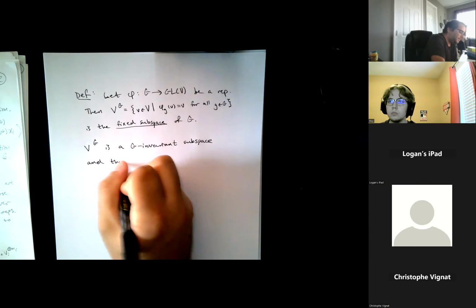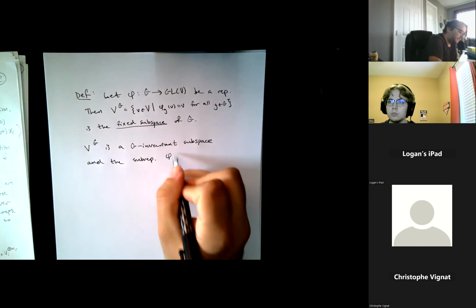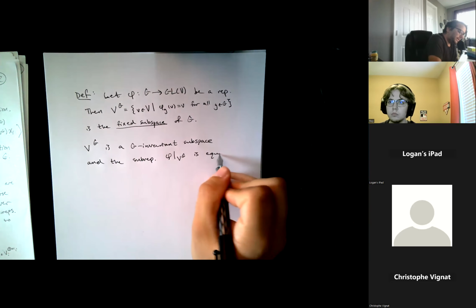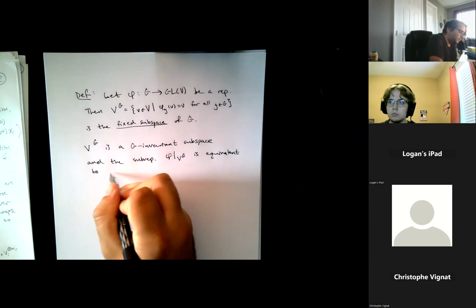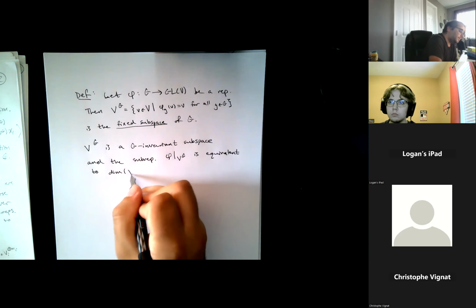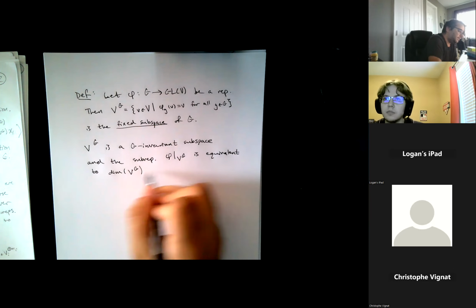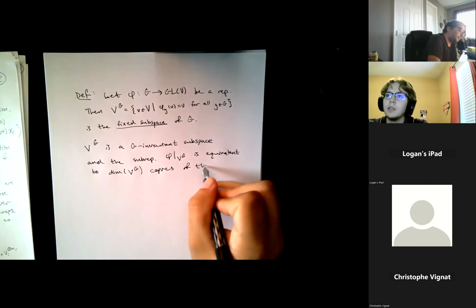And the subrepresentation phi restricted to V^G is equivalent to dimension of V^G copies of the trivial representation.